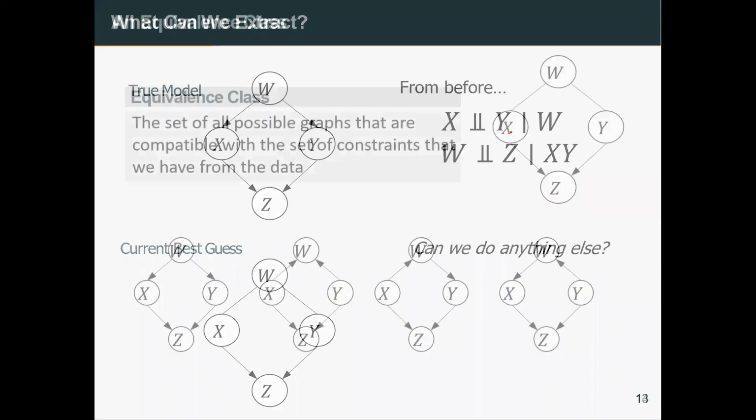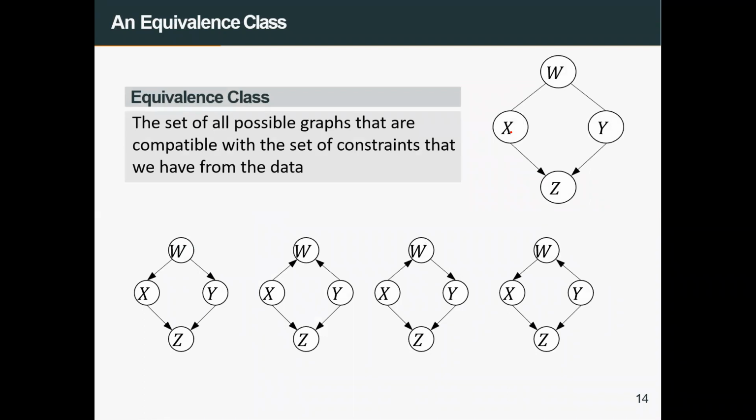So this brings us to the notion of an equivalence class, where essentially an equivalence class is the set of all possible graphs that are compatible with the set of constraints that we have from the data. Pictorially, if you just take this graph here and list out all the different possibilities for all the edges, then it's a set of all possible graphs, basically.